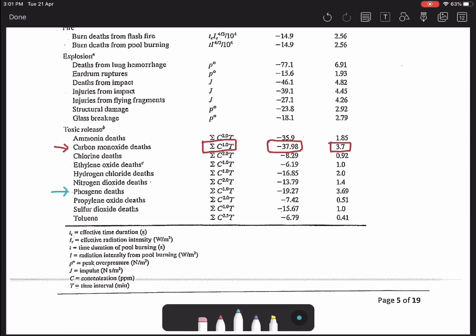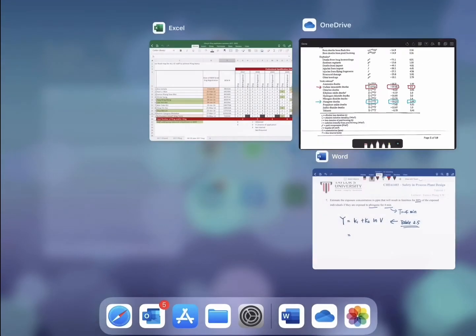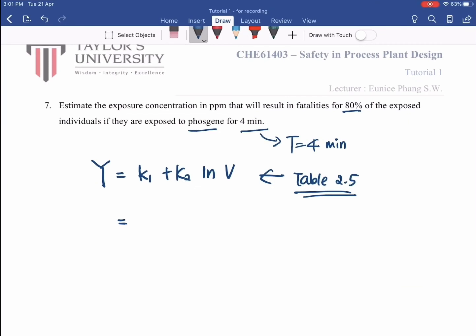V is C to the power of 1 times T, K1 is negative 19.27, and K2 is 3.69. Let's put those values back. So we have negative 19.27 plus 3.69 ln CT, and we have 4C here.